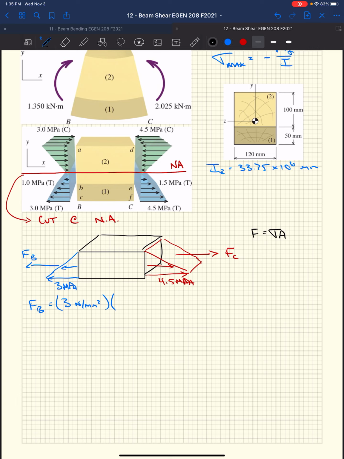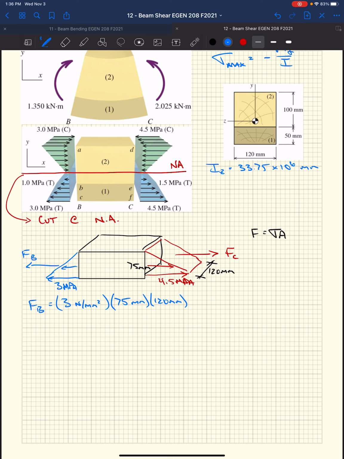We have 120 millimeters wide and 75 millimeters tall. So the area that our tensile stress at point B acts on is going to be 75 millimeters times 120 millimeters.